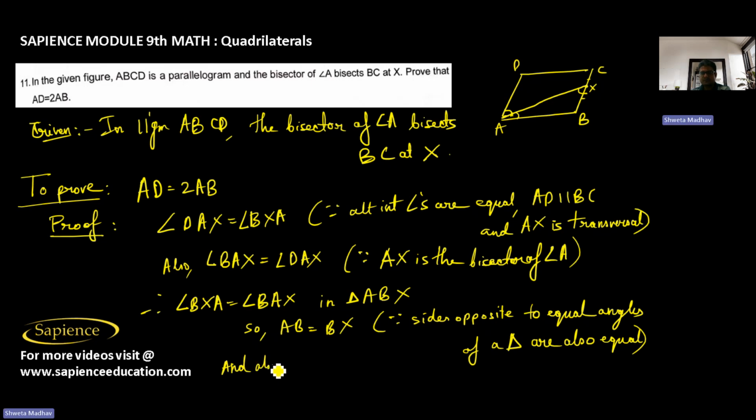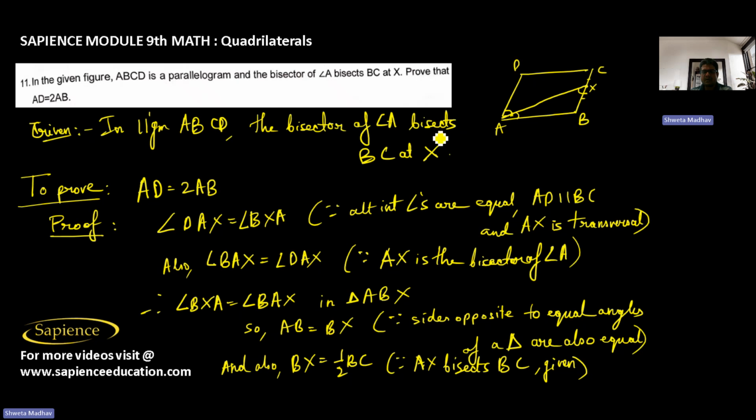And also BX equals half of BC, since it is given that AX bisects BC. So BX equals half of BC.